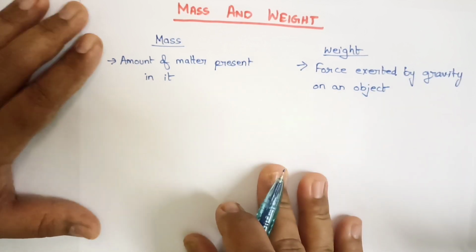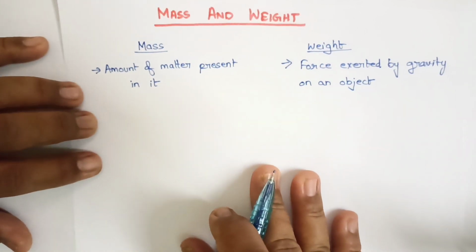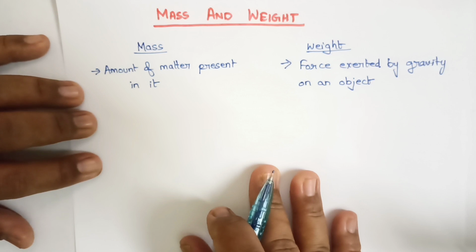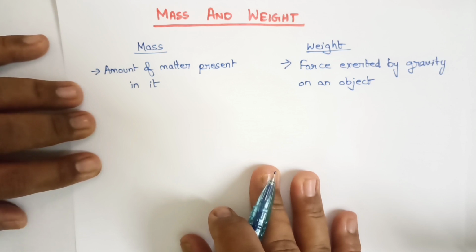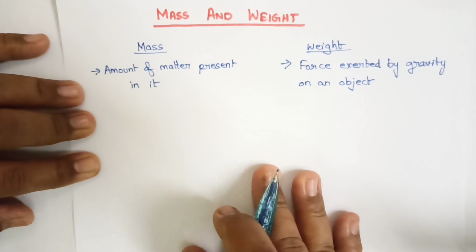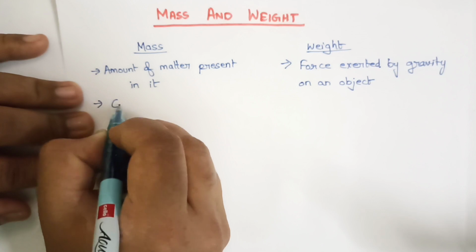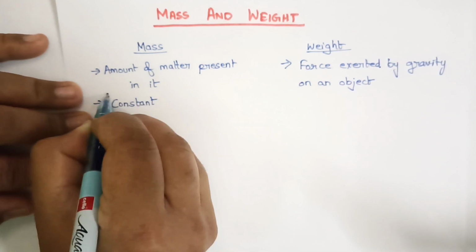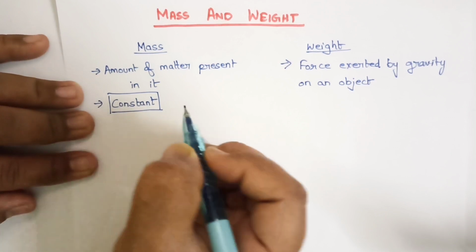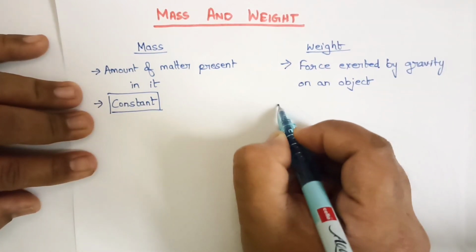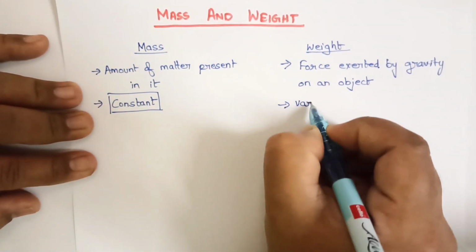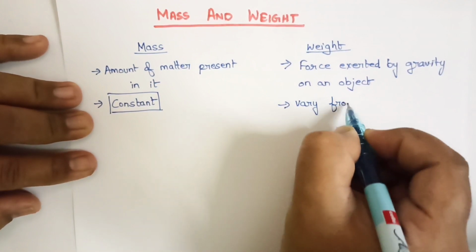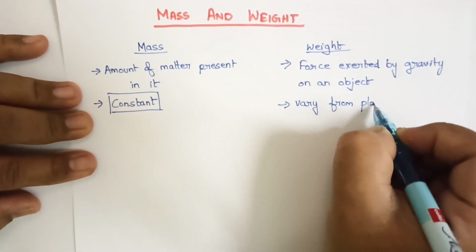Okay, this is the main difference between mass and weight. What is mass? Mass is the amount of matter present in it, whereas weight is the force exerted by gravity on an object. Remember students, mass of any substance is constant, whereas weight of a substance varies from place to place.